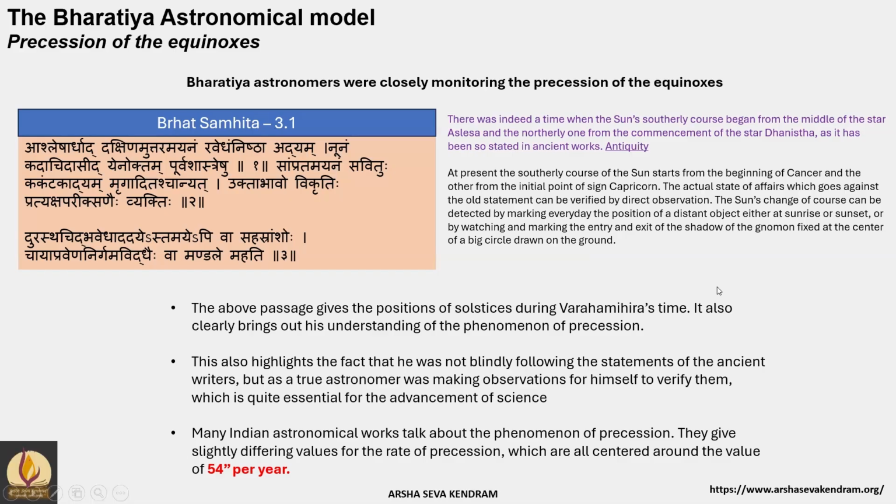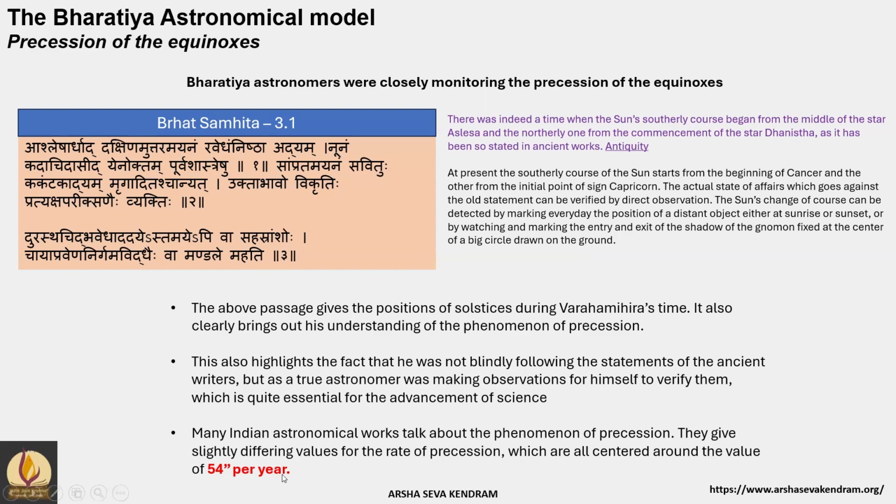So Varahamihira had already observed that these points have moved between the Vedanga Jyotisha time and his time, and he had understood the concept of precession. Like many Indian astronomers, he had also tried to calculate the rate of change of the vernal equinox point on a year on year basis.